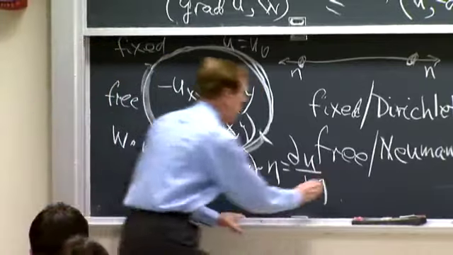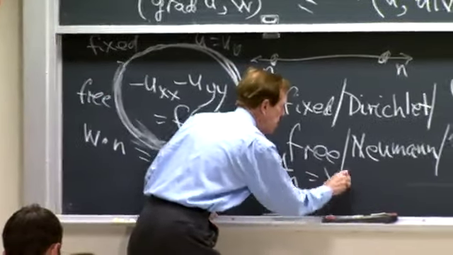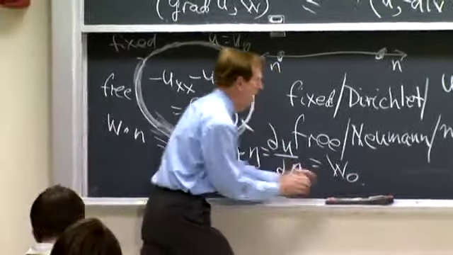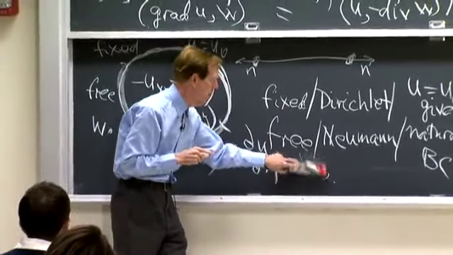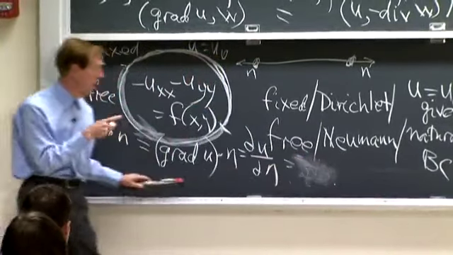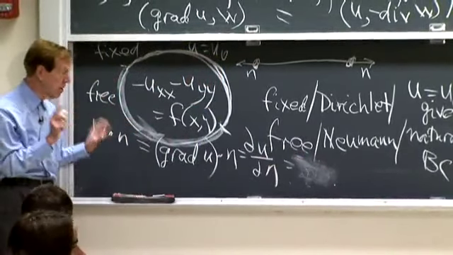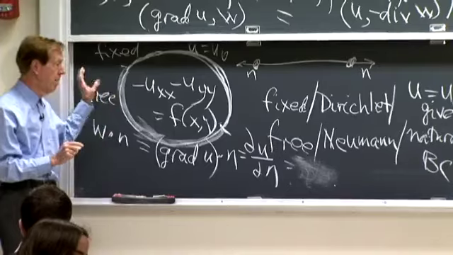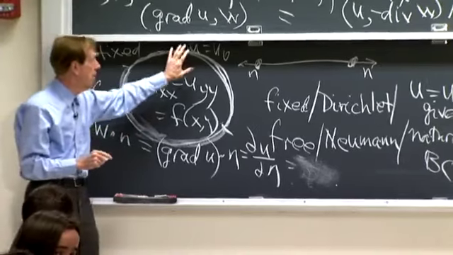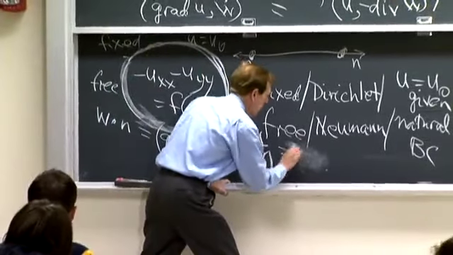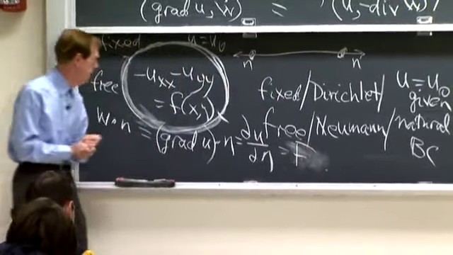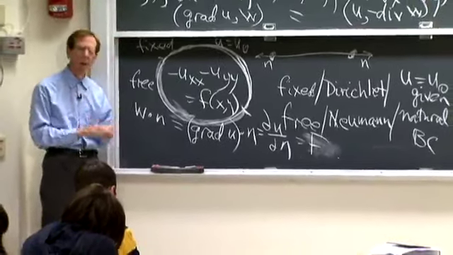And that we can prescribe as some w naught, let's say. Oh, I don't like to say w naught, because w naught makes it sound like a vector would be allowed, and that's the whole point here. We give one boundary condition. We either give u or w dot n. So let me give it some different name like f.